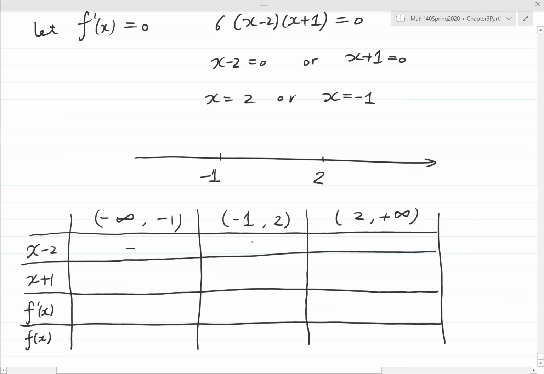From -1 to 2, x minus 2 is negative, less than 0. From 2 to positive infinity, x minus 2 is positive.